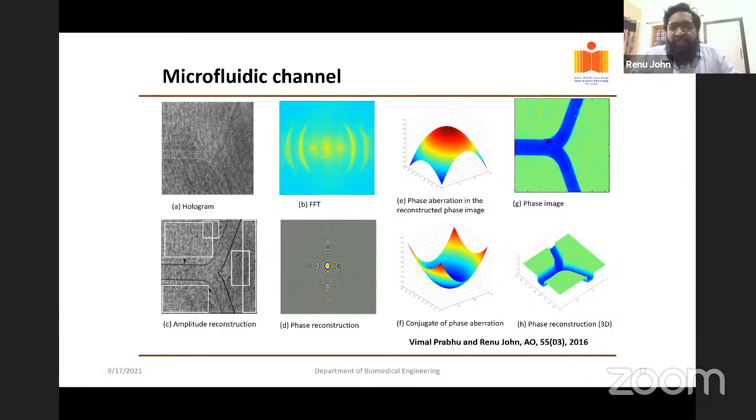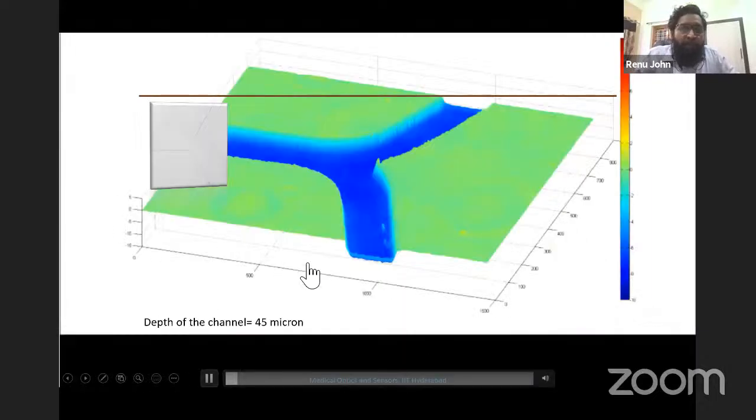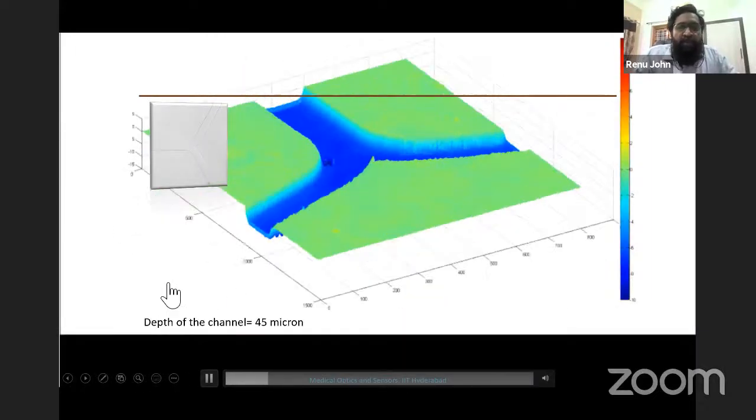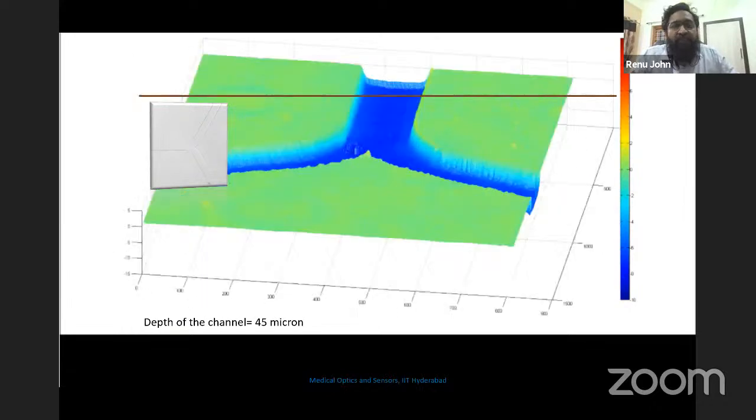The entire process is fairly simple, but when you reconstruct it, what you see is not just the image but the depth and thickness. In your holographic reconstruction, you can really see the thickness and the grooves all very clearly. I have a video of the channel here, which is reconstructed.